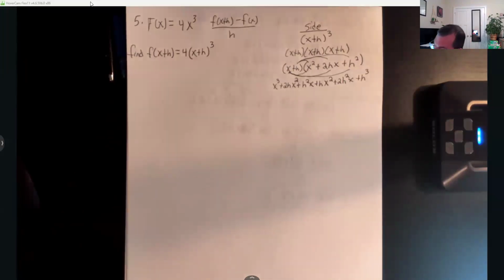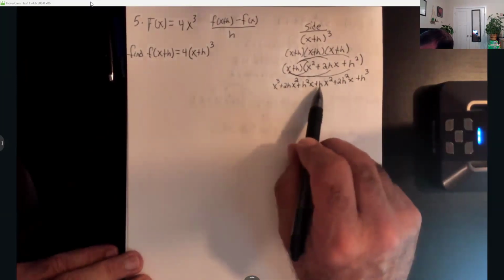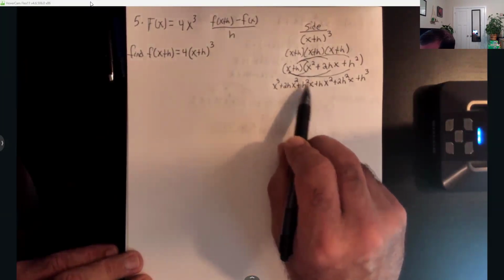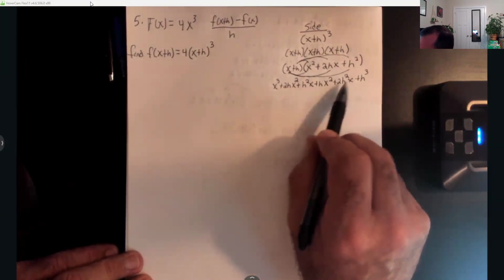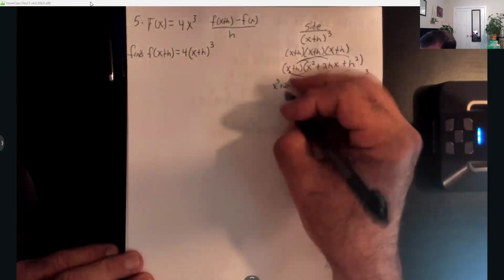Now, y'all, the reason I keep mine in alphabetical order, this hx squared will add to these hx squareds, and this h squared x will add to this h squared x. So I'm going to bring down my x to the third.